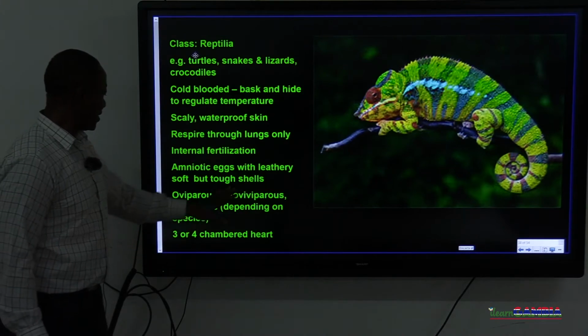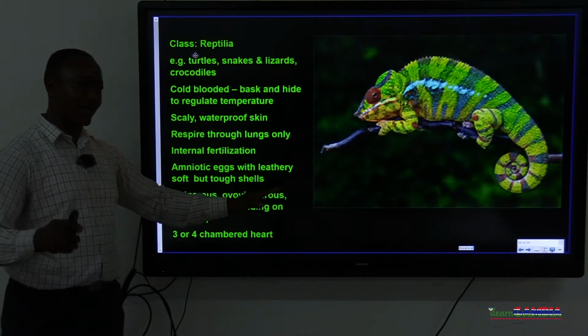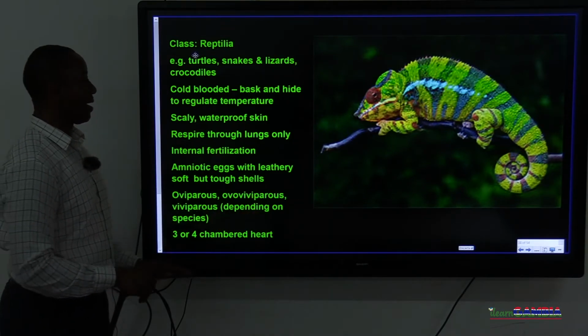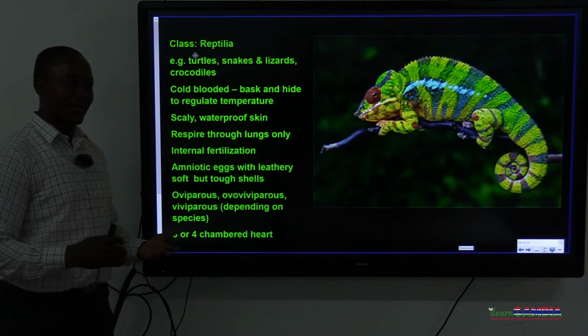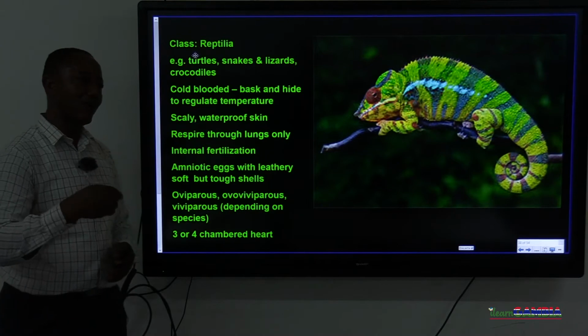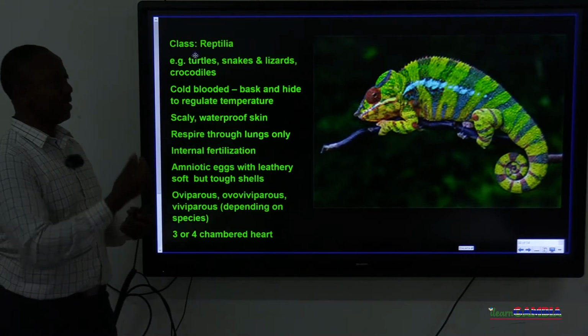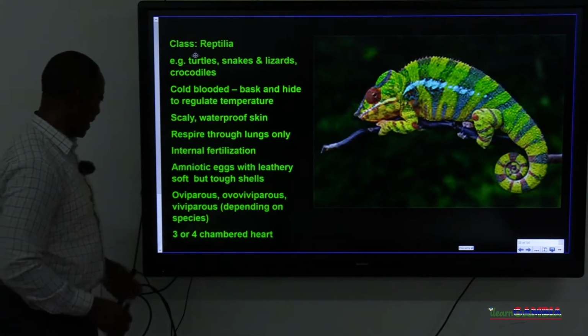So these are the three terms. Oviparous, they lay eggs. Ovoviviparous, eggs are fertilized but kept in the body and they will hatch and come out. Viviparous, once the eggs are fertilized, other tissues develop in which the young one grows, and once it is mature, it has to come out of the body of the organism alive.